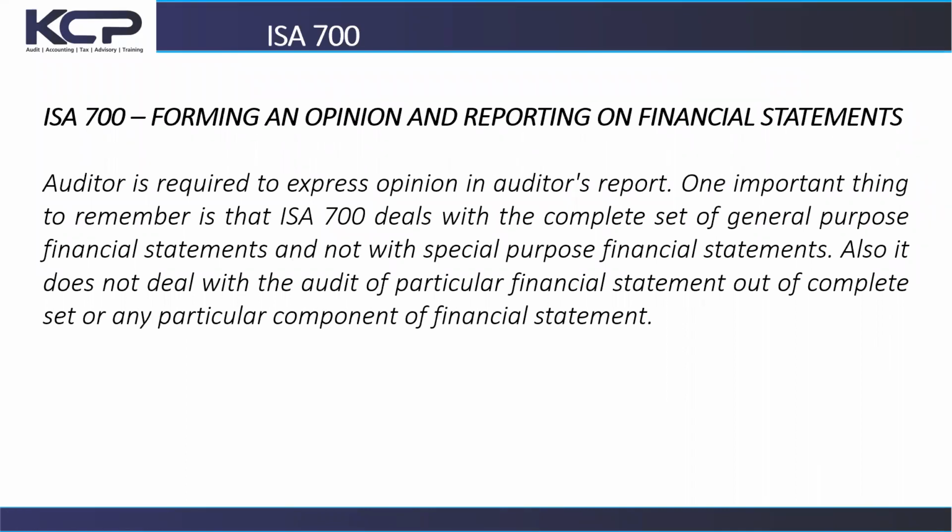ISA 700 talks about forming an opinion and reporting on financial statements. We can quickly relate this with ISA 200, which is the very first standard in the ISA series, and that talks about the purpose of an independent auditor in the conduct of an audit.